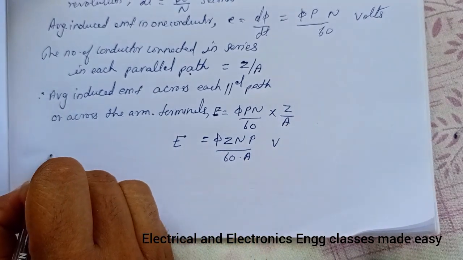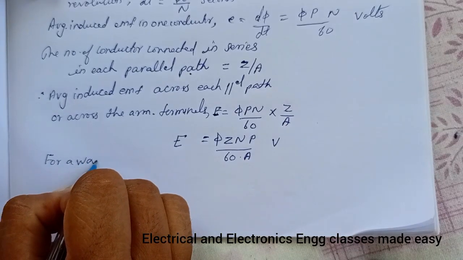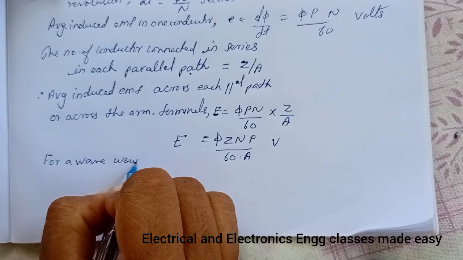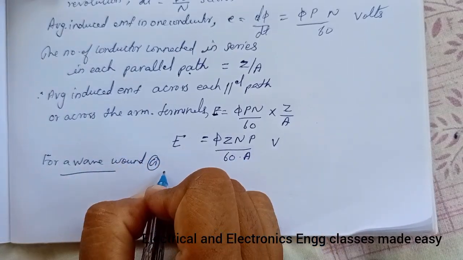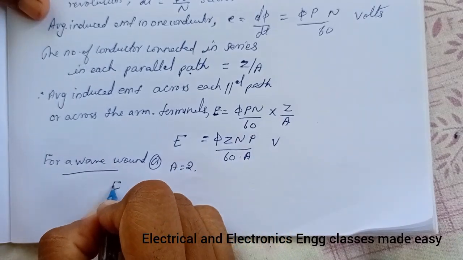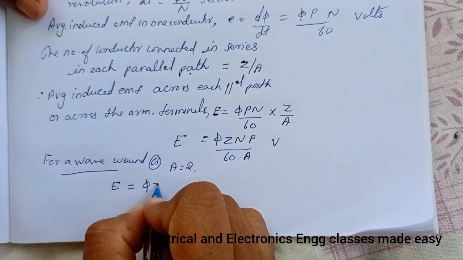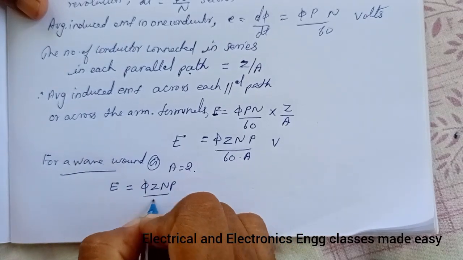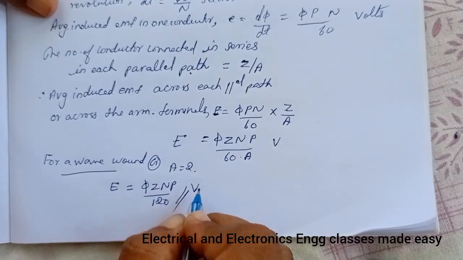For a wave wound generator, A is equal to 2. So EMF generated is equal to phi Z N P divided by 120 volts.